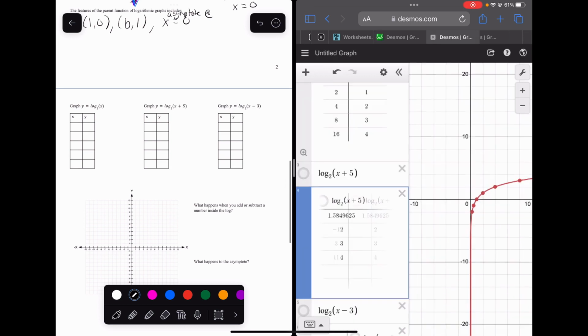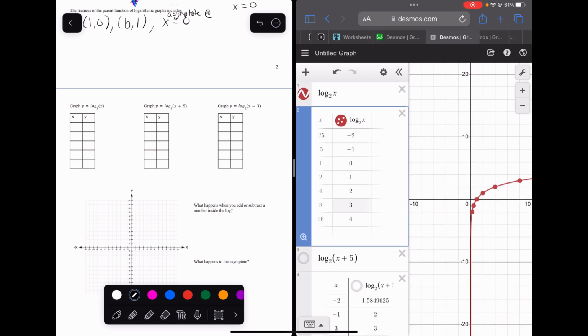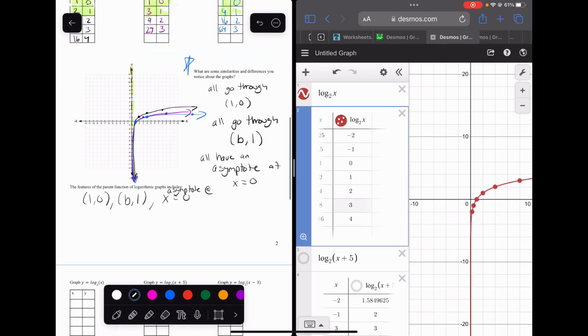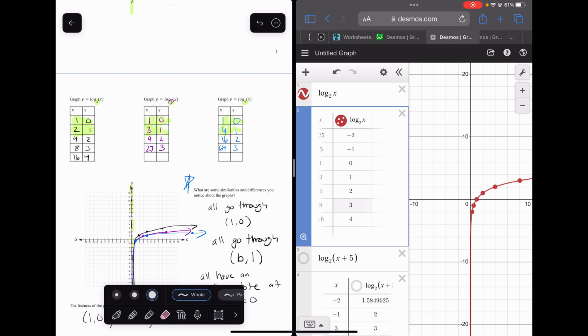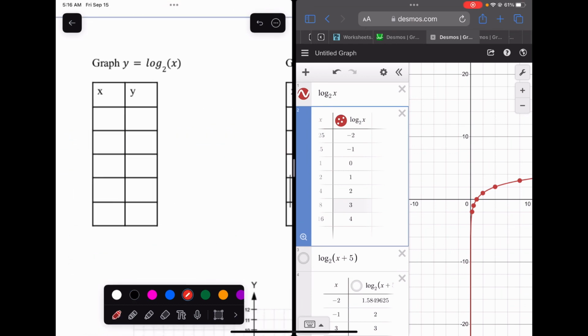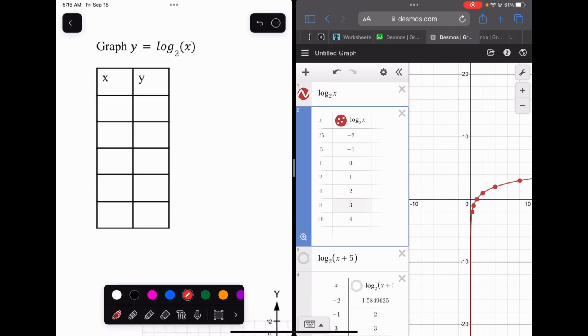Now, fortunately, I actually have them all ready to go, so these should be nice and quick. So let's see. In one color, let's go ahead and fill in our chart. We've already filled in the chart here for log base 2 of x, right? So we know we've got our 1, 0 point, our 2, 1 point, our 4, 2 point, our 8, 3 point, and our 16, 4 point.